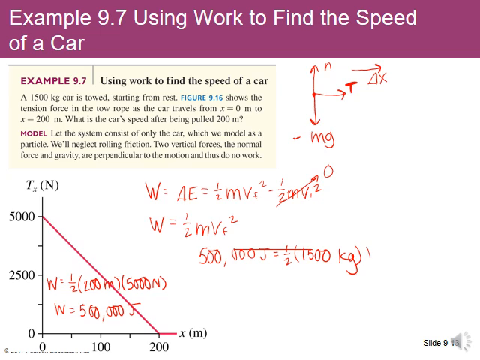I know that the mass of the car is 1,500 kilograms. What is the final velocity? Solving this for the final velocity gives you a final velocity of 26 meters per second.